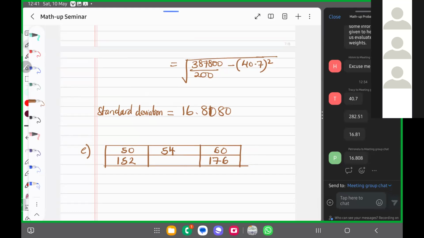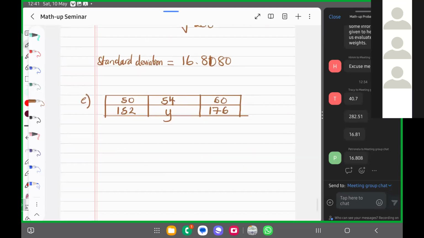So I'm looking for the cumulative frequency corresponding to 54. I can call it Y. I'm going to use linear interpolation to help us get the value of Y. So Y minus 152 out of 54 minus 50 will be equal to 176 minus 152 out of 60 minus 50.